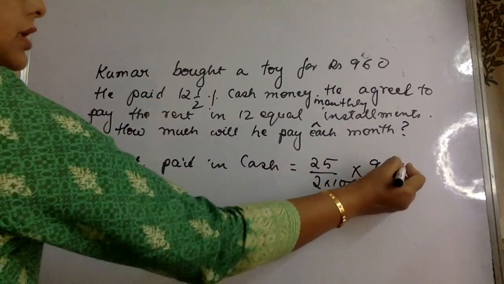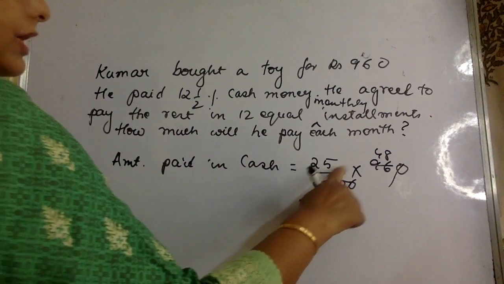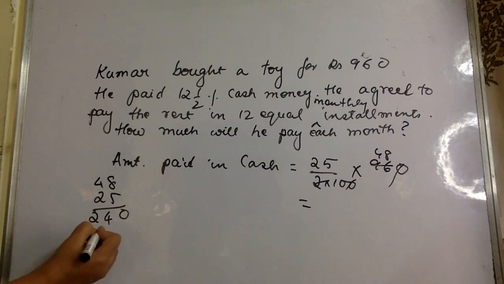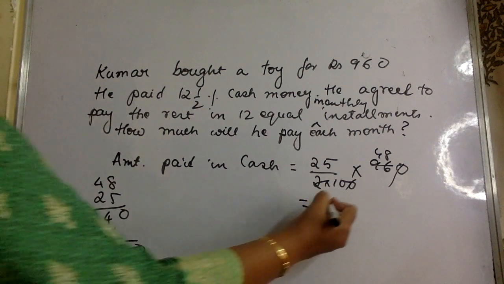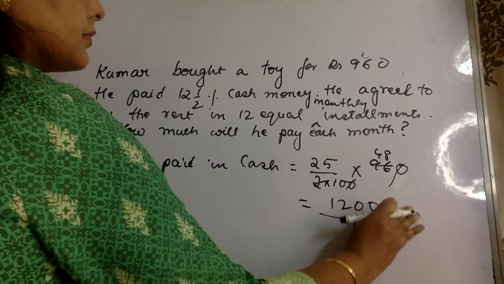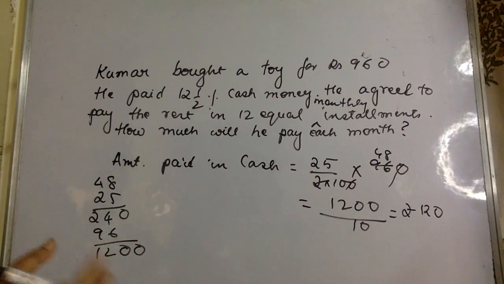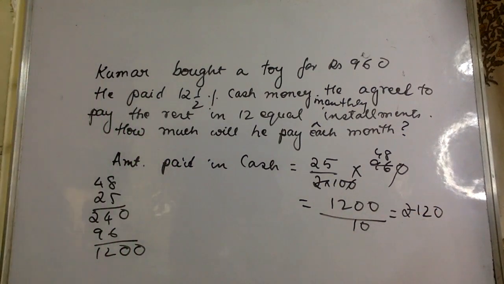So here cut the 0, then 2, this is 48, and then 25 into 48, that is 1200 divided by 10, that is rupees 120 he paid in cash.